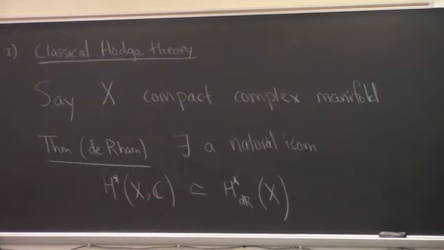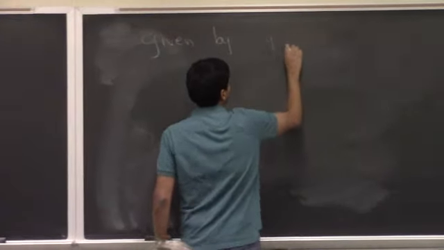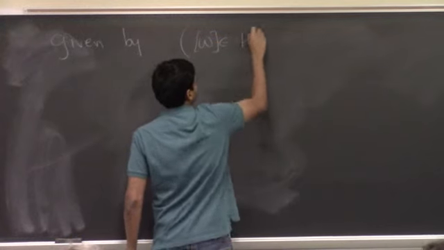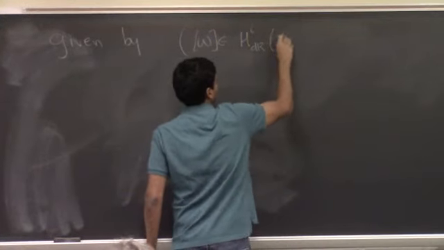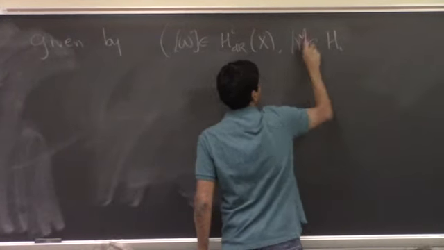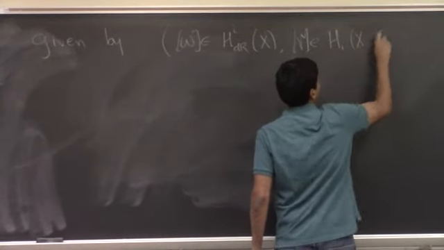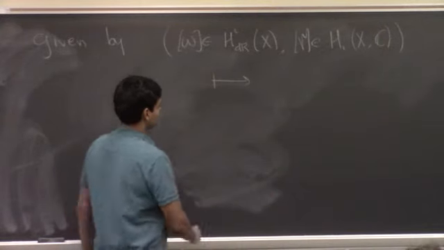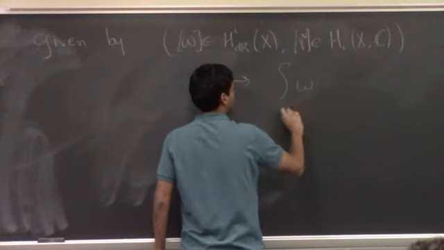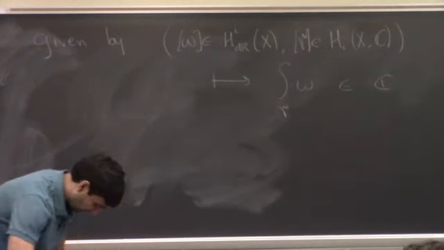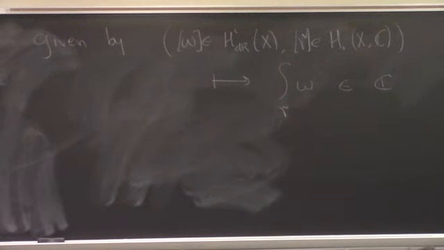I start off with the class of the differential form omega in de Rham cohomology, and the class of the cycle gamma in singular homology. And I pair them against each other by integration. So this is a complex number, and this gives me a pairing between these two vector spaces, which is actually a perfect pairing.